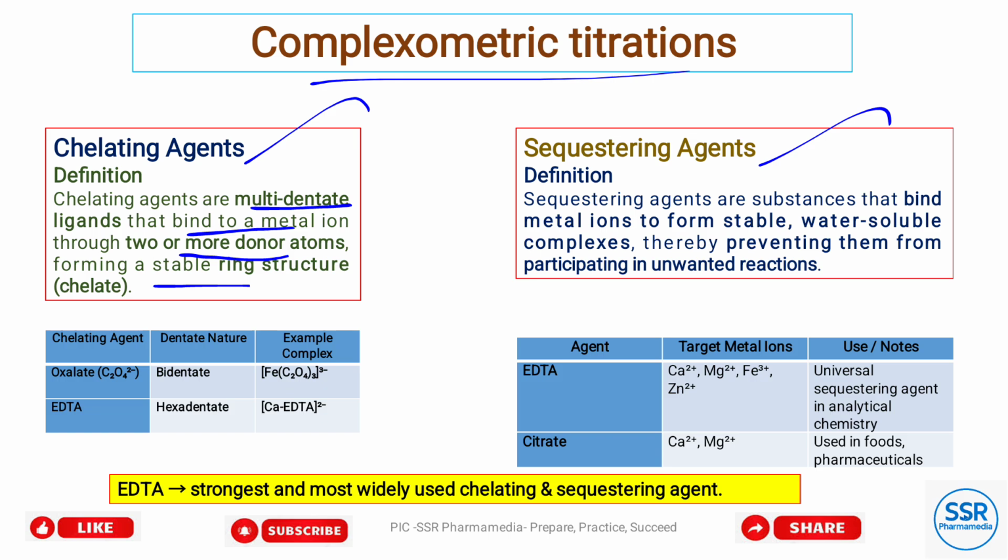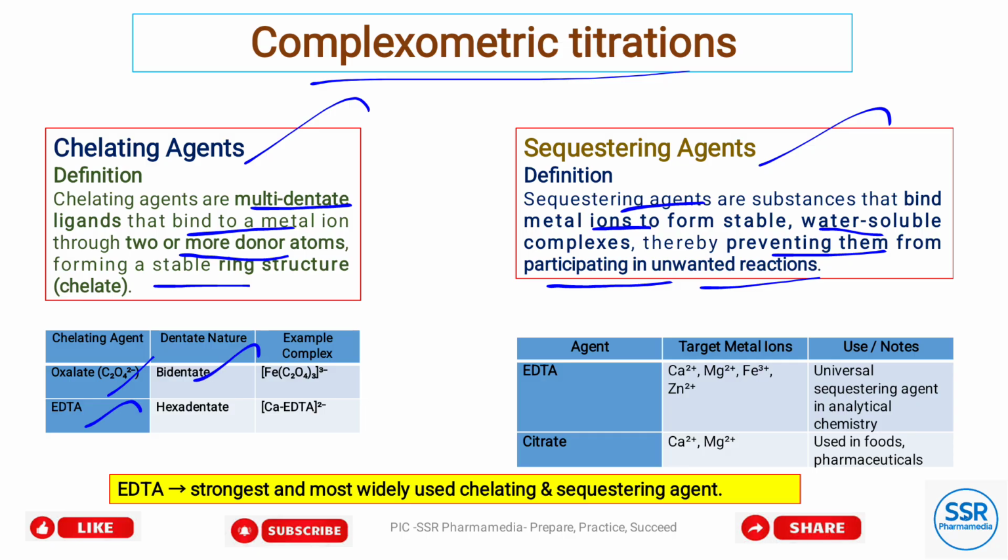Sequestering agents are substances that bind metal ions to form stable and water-soluble complexes, thereby preventing them from participating in unwanted reactions.